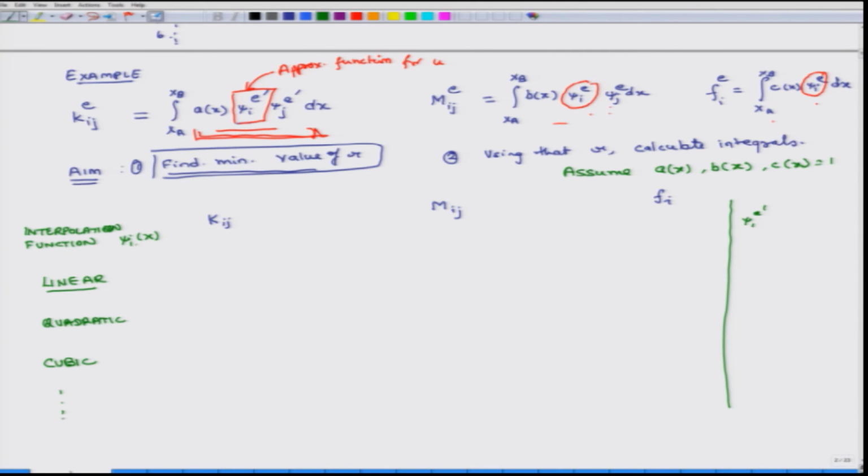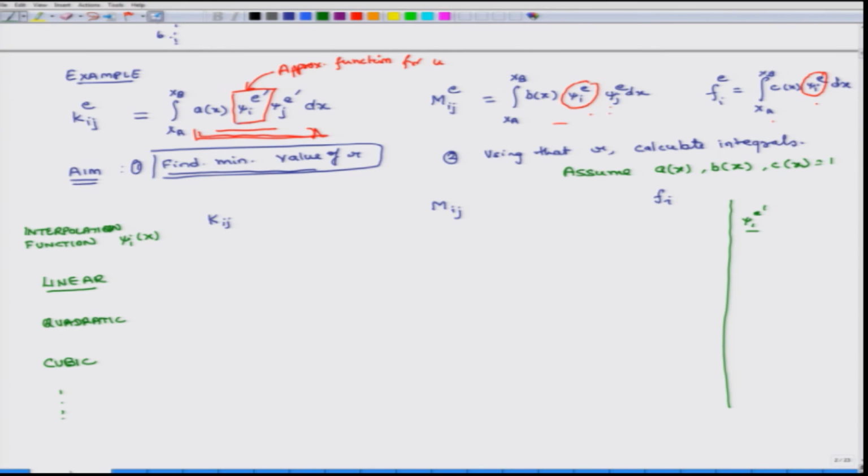If the interpolation function is linear, when I differentiate it, this will be a constant, right? And so will psi_j prime. So, psi_i prime times psi_j prime will be a constant.